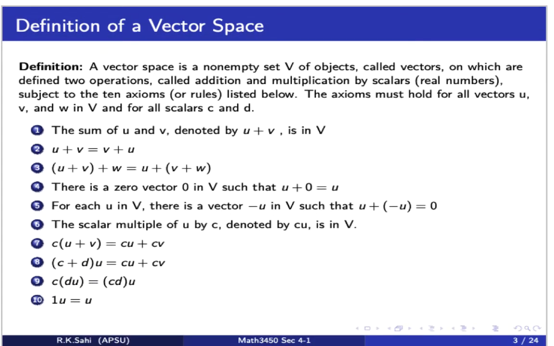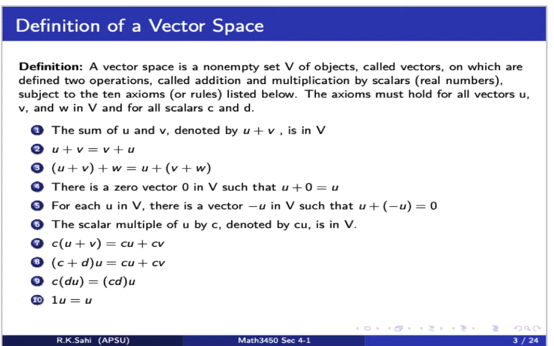Now, a vector space is related to a set, first of all. It's a non-empty set. So I'm going to give you a very simple way of looking at it. I have a non-empty set containing some elements or objects, which we call vectors. And we define two operations on it, addition and scalar multiplication.